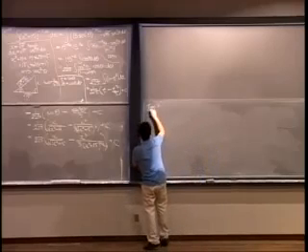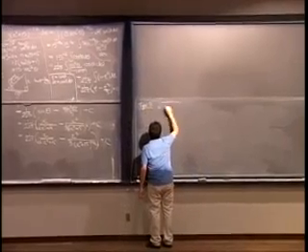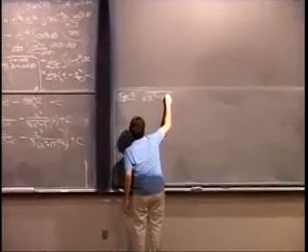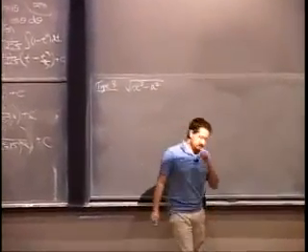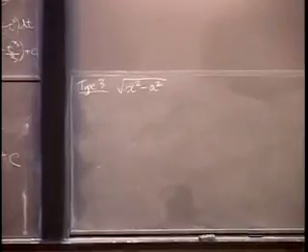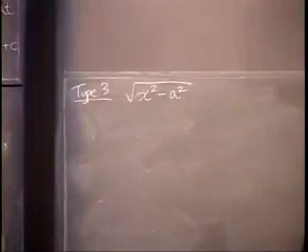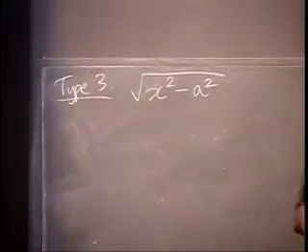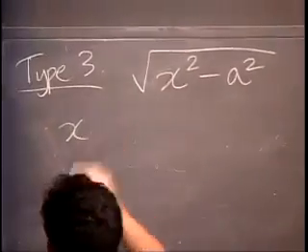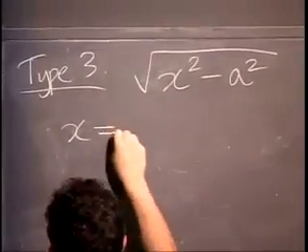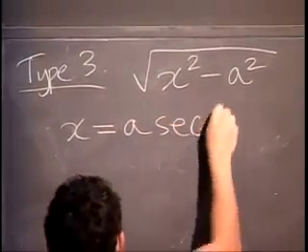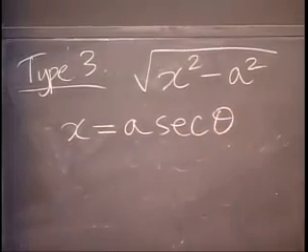So the only type left looks like x squared minus something. It turns out to be different from even x squared plus something. The identity that you need is a little bit different. In fact, this time, well, it is the same as the last identity, but this time you need to let x be a secant theta.